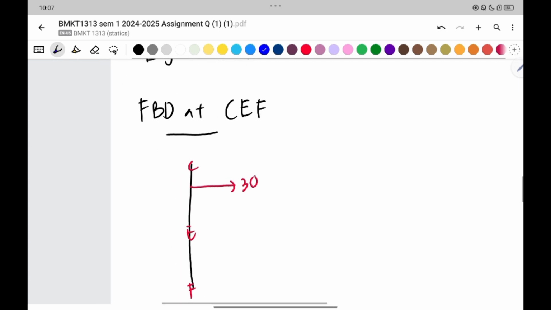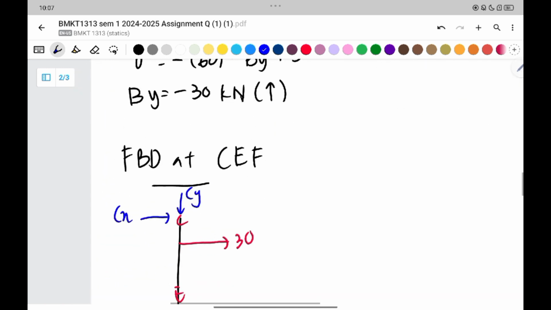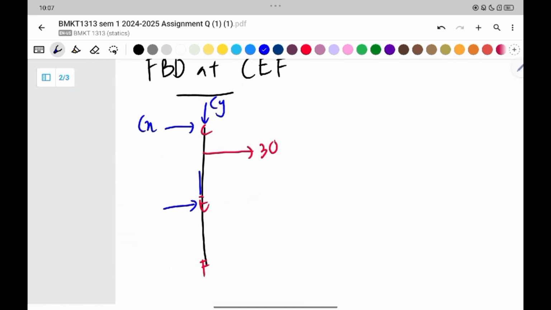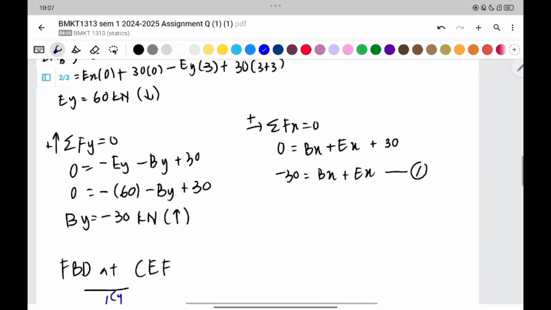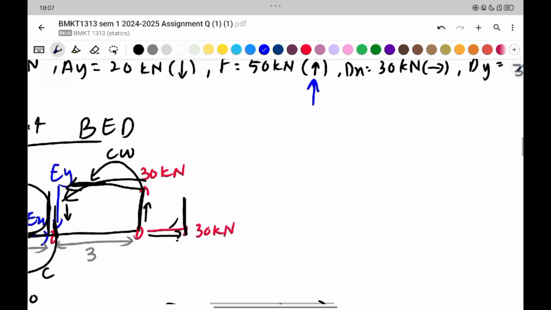And the values here are CX, CY. Because we already found the E values, we can draw them like here: EY, EX. And we also found the value of F, which is 15 kilonewton acting upward.